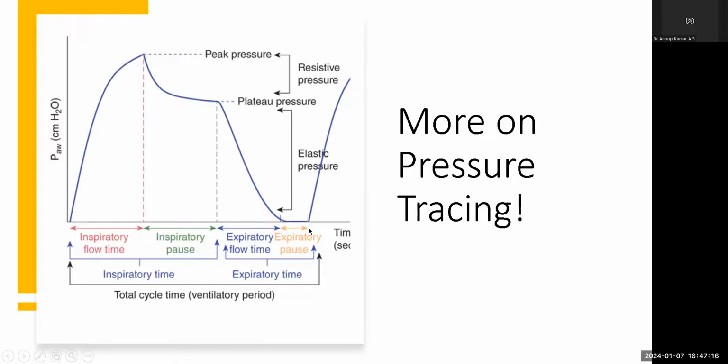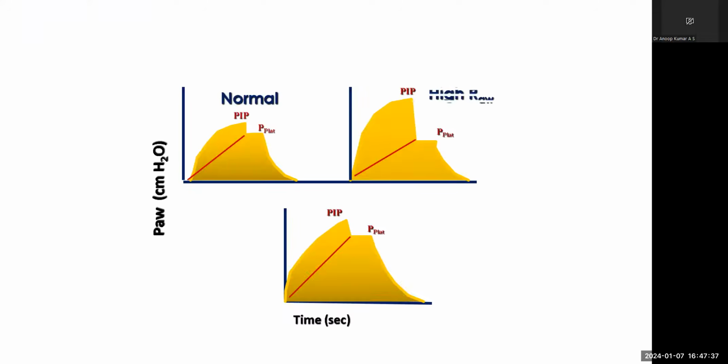This expiratory pause or expiratory hold is used to assess the auto PEEP. So auto PEEP is assessed using the expiratory hold, and plateau pressure is assessed using the inspiratory hold. Now, coming to the difference happening with the pressures.